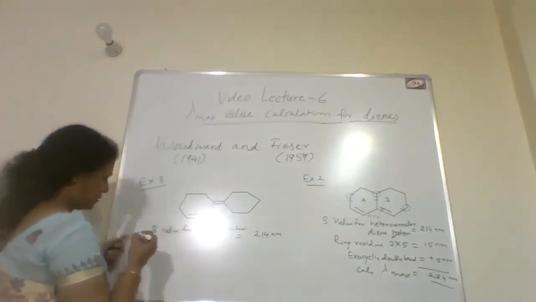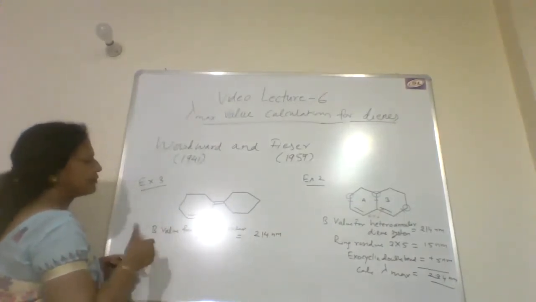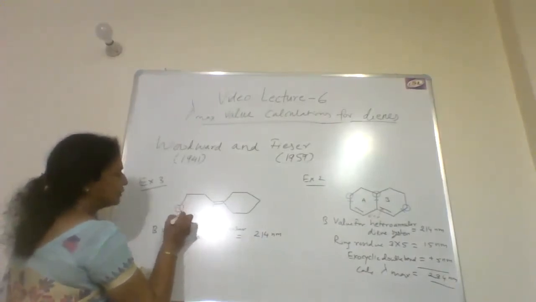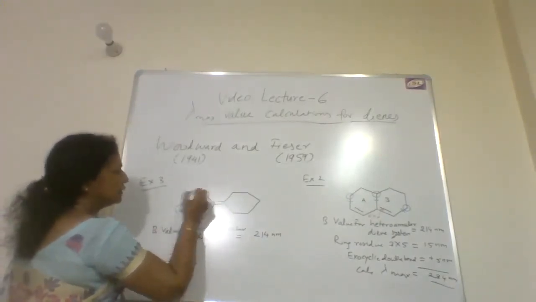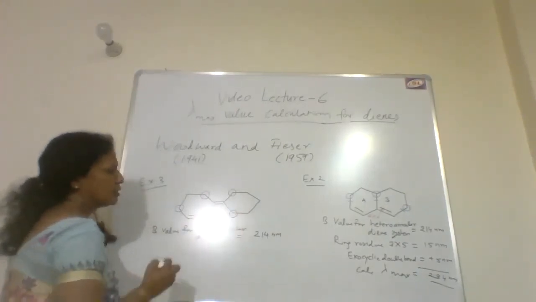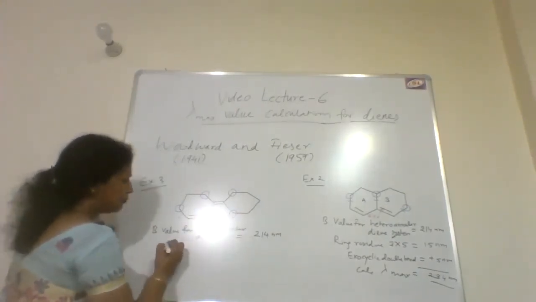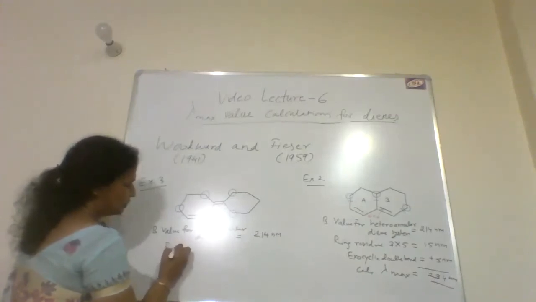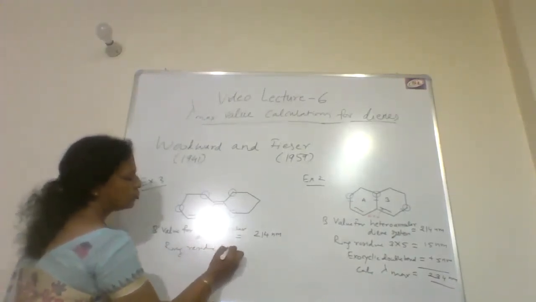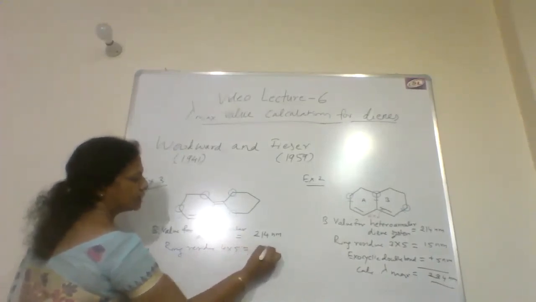Second, ring residues: this one, this one, this one, so a total of 4 ring residues. 4 multiplied by 5 is 20 nanometers.